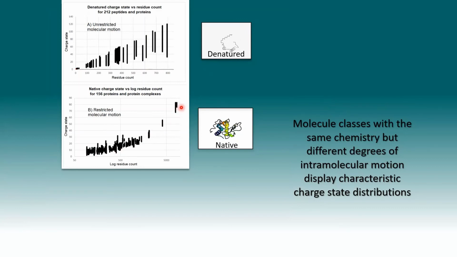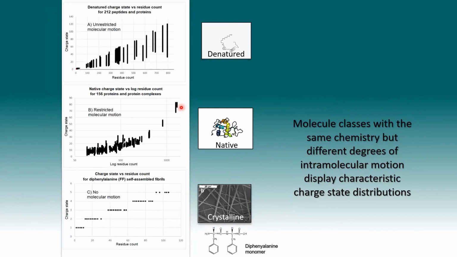Compare this now to this data set. This is coming from diphenylalanine self-assembled fibrils. So they are protein-like in terms of their chemistry. However, they are completely unlike proteins in that they are crystalline. So these structures are completely rigid. They have no molecular motion.